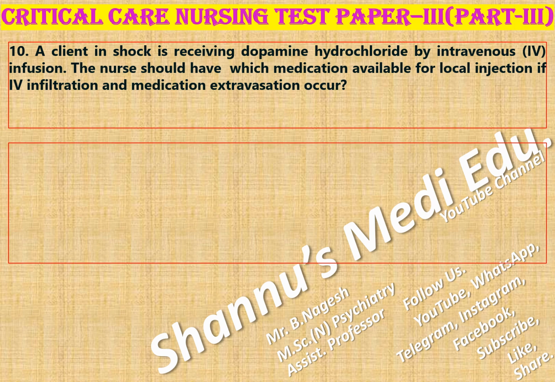The 10th question. A client in shock is receiving dopamine hydrochloride by intravenous infusion. The nurse should have which medication available for local injection if intravenous infiltration and medication extravasation occurs? The correct answer is phentolamine.